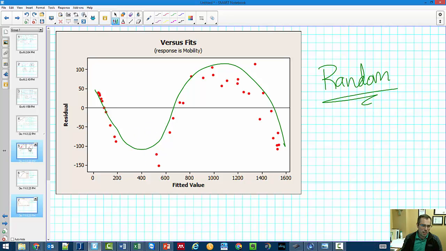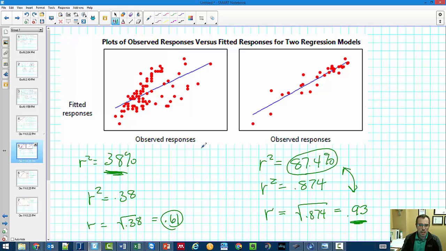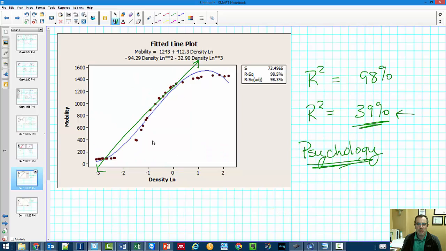So really, in a nutshell, a high r squared value tells us that the data is going to fit a plot, or follow a pattern. It doesn't necessarily tell us which pattern it follows, or that it's the best pattern. Like this one has a high r squared value.